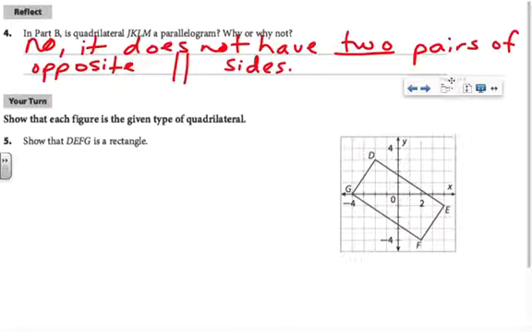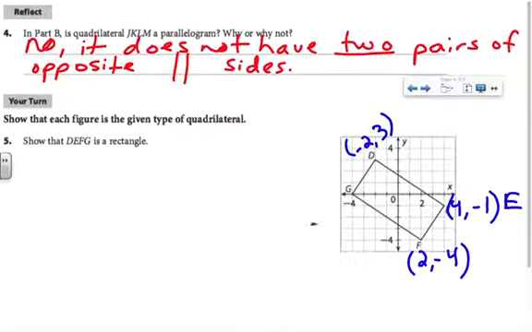Here they're asking us to do a problem just like what we finished doing, completely on our own. Let's start by identifying the coordinates of the vertices. D is at (-2, 3). E at (4, -1). This is point E. F at (2, -4).